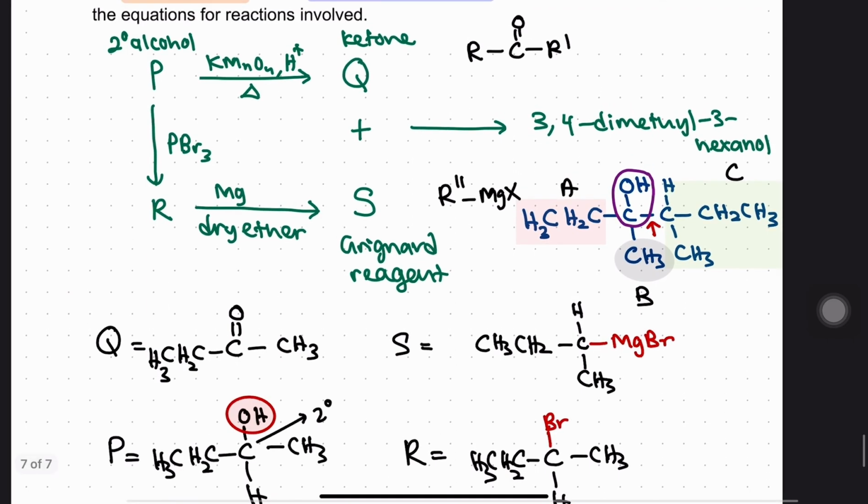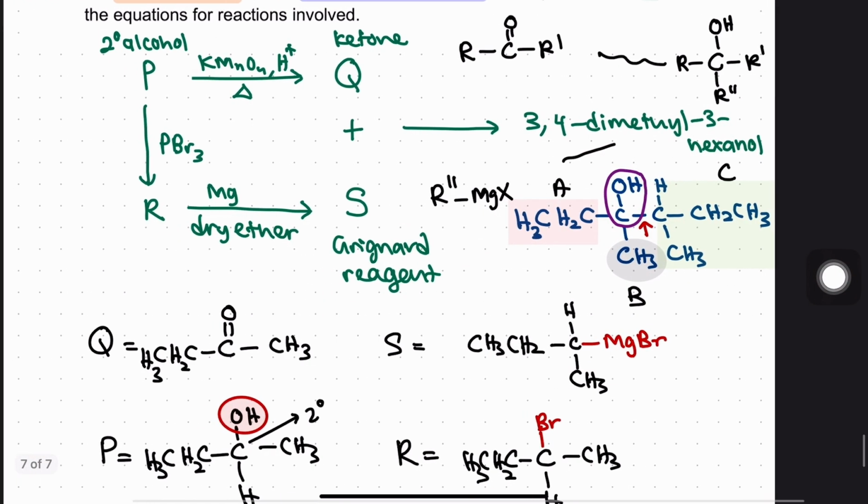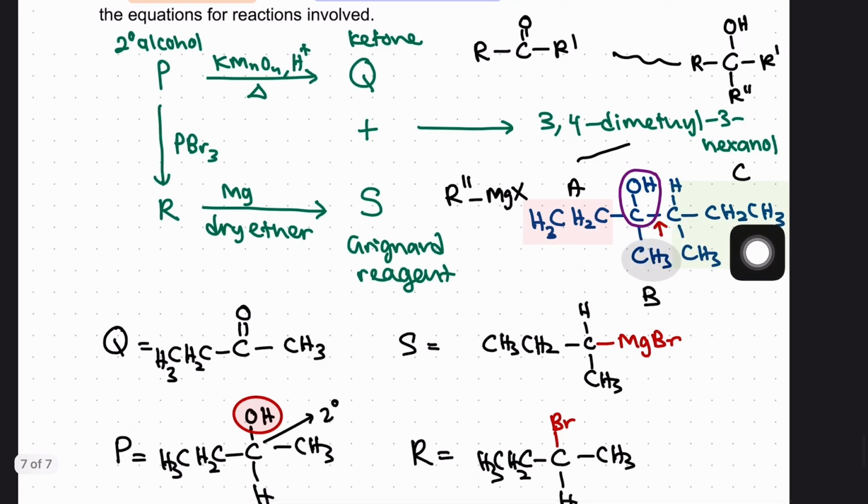So the product of those two will look like COH, where the C double bond O becomes COH, with R prime, R, and R double prime. So this would be the general formula of a product from a ketone and Grignard.